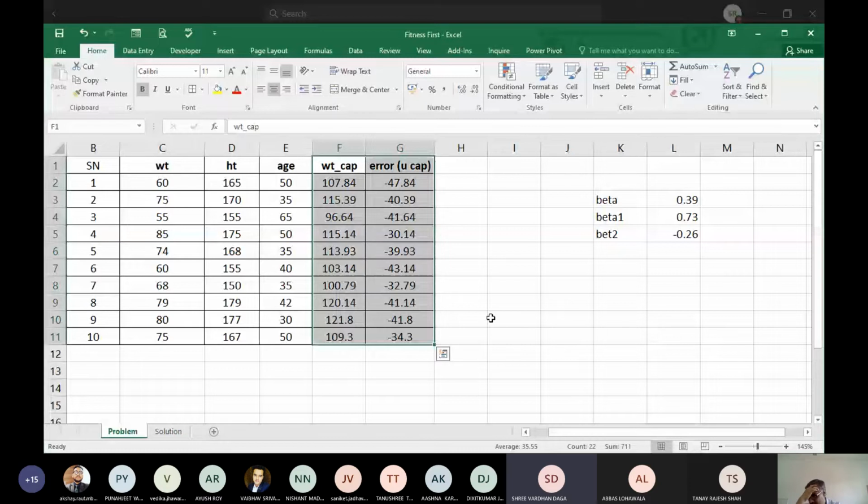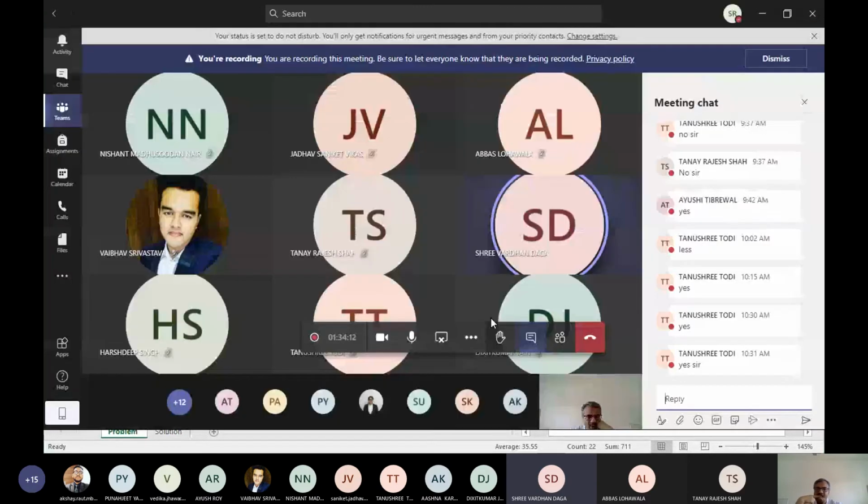Yeah, please go ahead, question. Sir, conceptually, can you explain once more why we are doing heteroscedasticity? Like you said, we take the y bar from the best fit line, because we don't observe u, we get u from the difference of y and y bar.